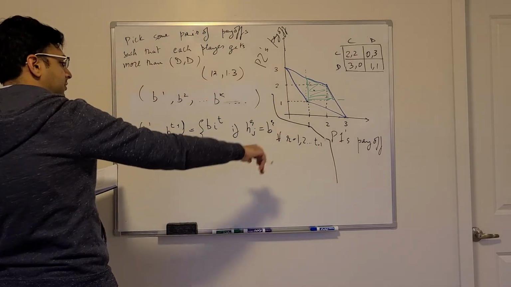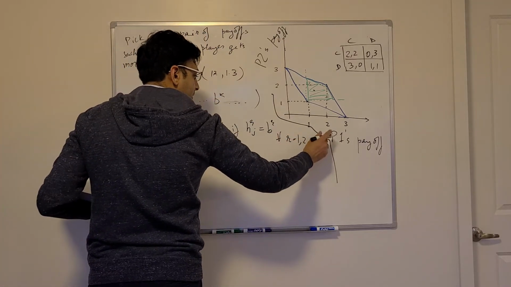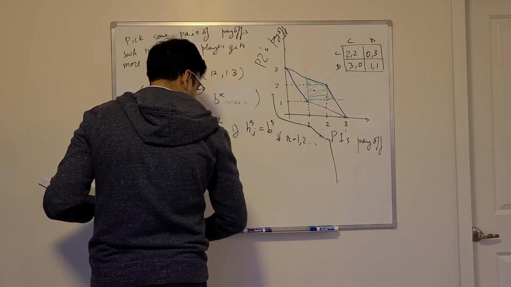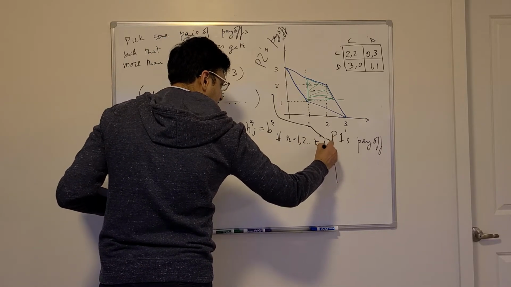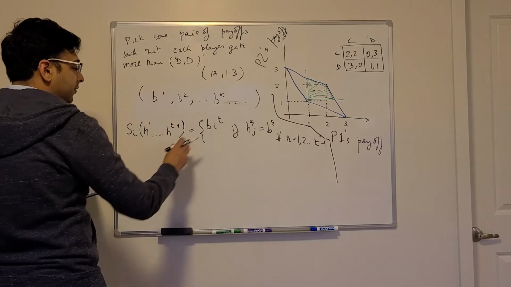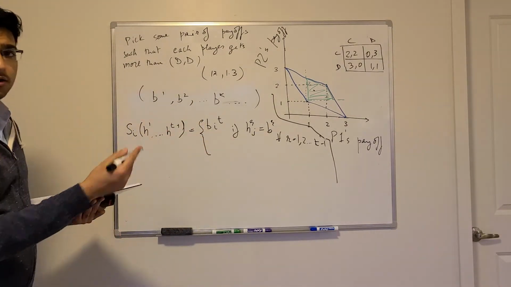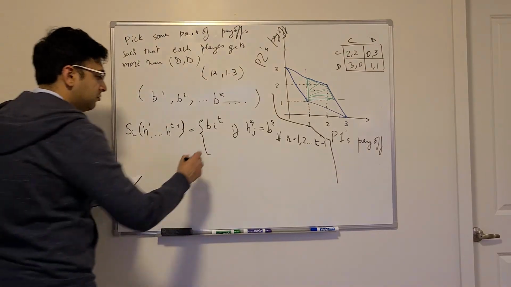Create a partition here. So if the other player has been following this strategy in the past, then you follow it, otherwise just play D.